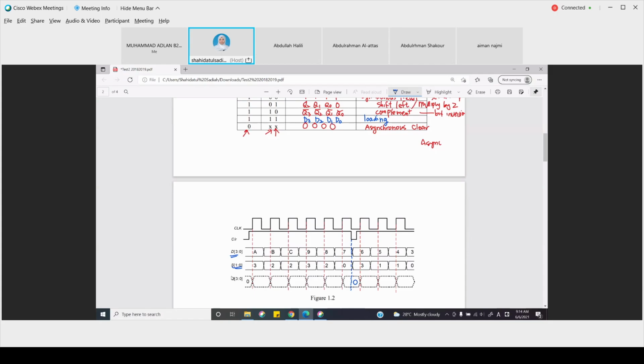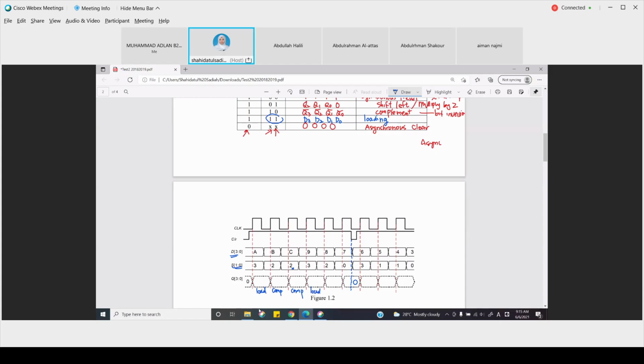Now, the first operation is 3, or bit 1 1. S1, S0, 3. So first is loading. And then 2 is complement. Then at this clock cycle, 2, so we complement again. At this clock cycle is 3, loading.